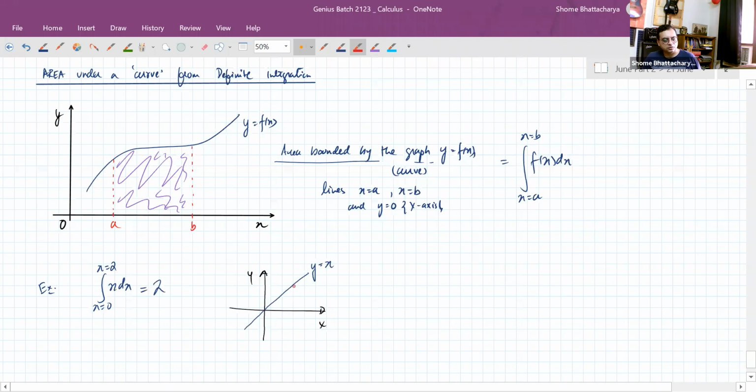So if you see, this area is half into base into height, which is 2. But in the same way, if we see from -1 to 1, this would come out to be 0.